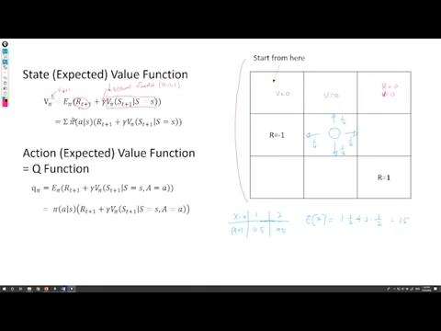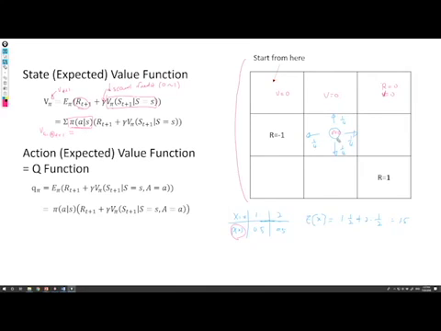At the very first iteration, I said your expected value was 0, and we are trying to update this value after 1 iteration. So the expected value of this cell at t equals 1 is, we have 1 over 4. This is, by the way, the state transition probability. Given a state, you choose an action.